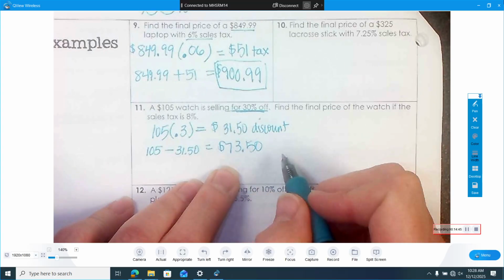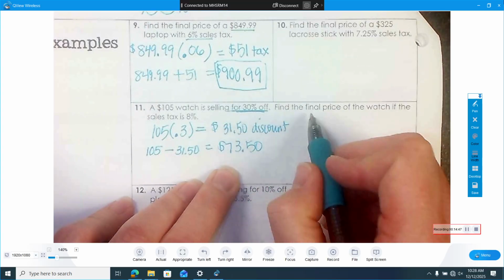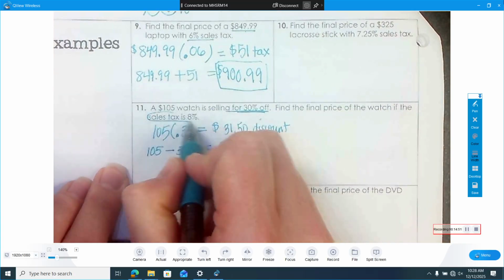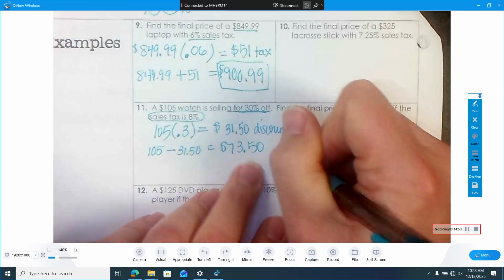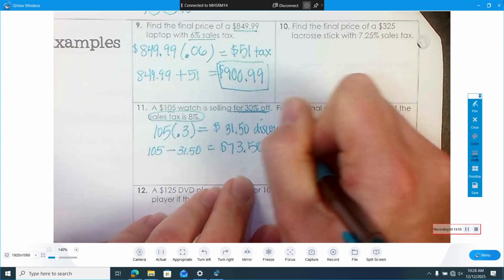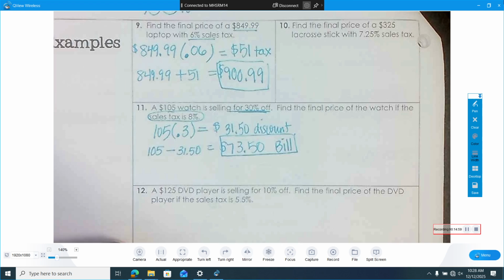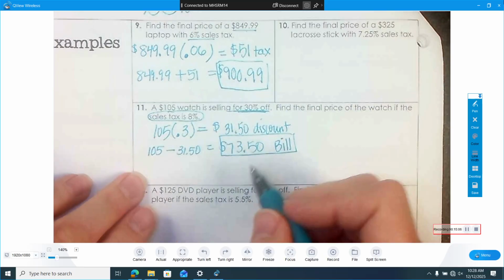But then we want to find the final price of the watch if there is sales tax. So here's my bill for my watch. The bill is $73.50. That's what I'm going to pay. But now what do we have to do to incorporate the sales tax? Multiply it by the sales tax.